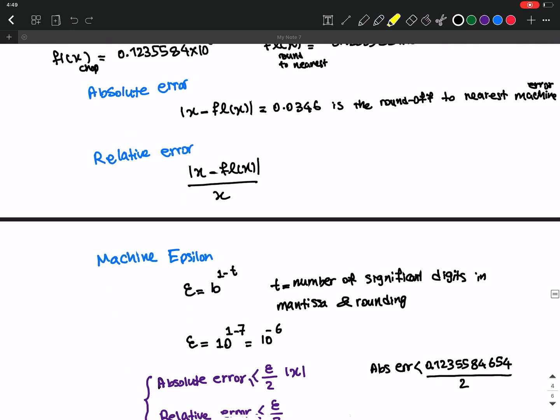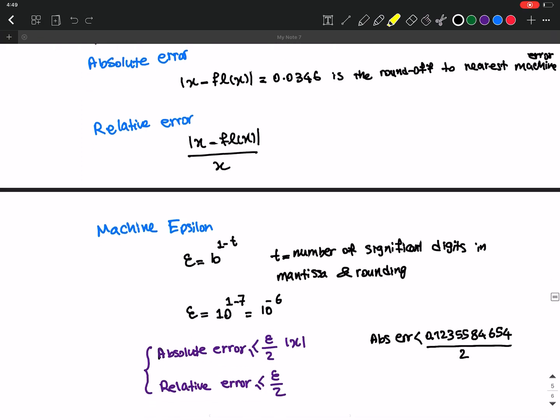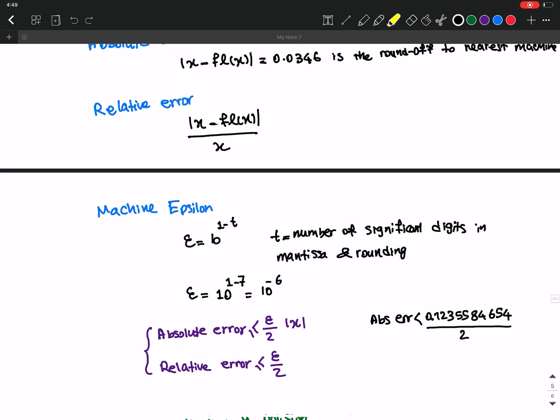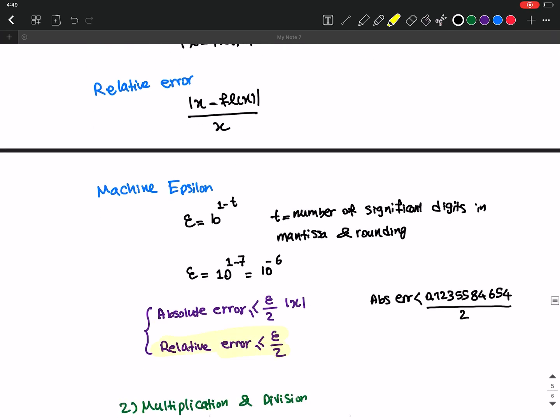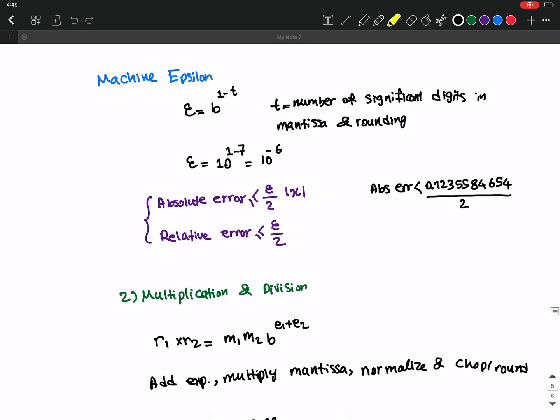We also said we have a machine epsilon, where the absolute error is always smaller than half of epsilon times the number, and the relative error is always smaller than half of the machine epsilon, okay?